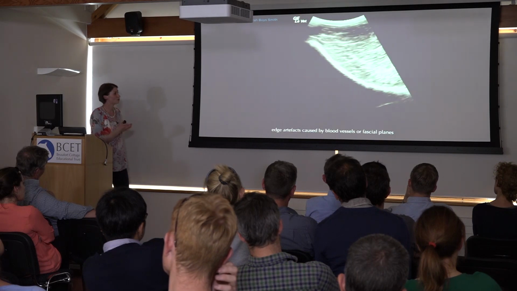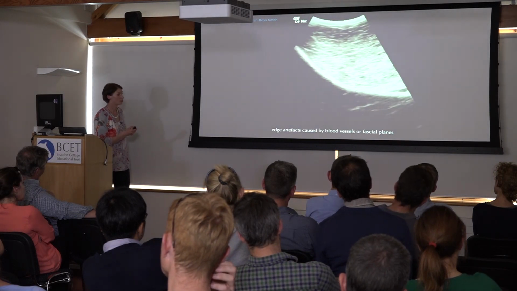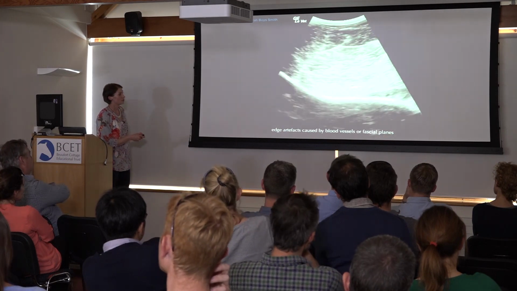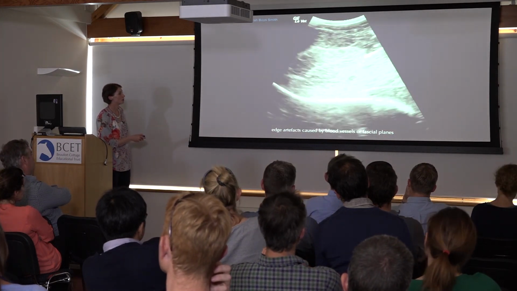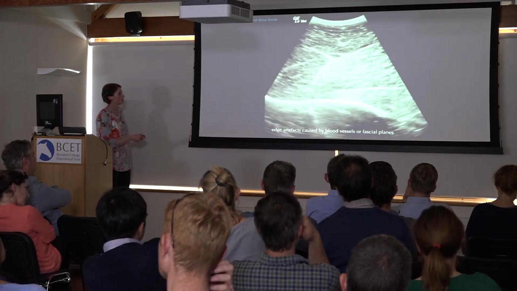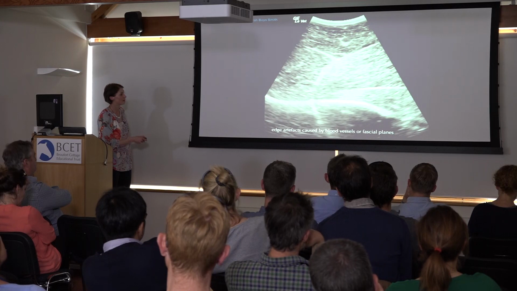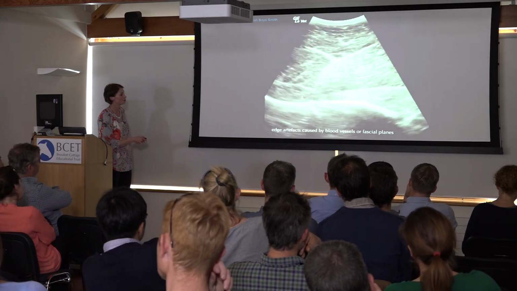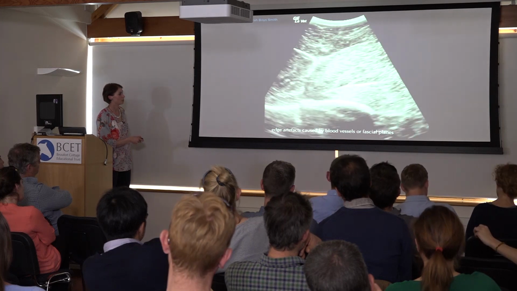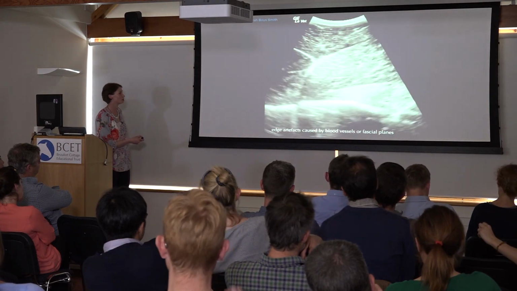We have to be careful that in some horses, or in the majority of horses, to be honest with you, we can get artifacts within the ilial wing caused by muscle fascial planes, which cause a defect, an artifact within the underlying ilial wing. So we want to be careful that we don't misinterpret those as fractures.